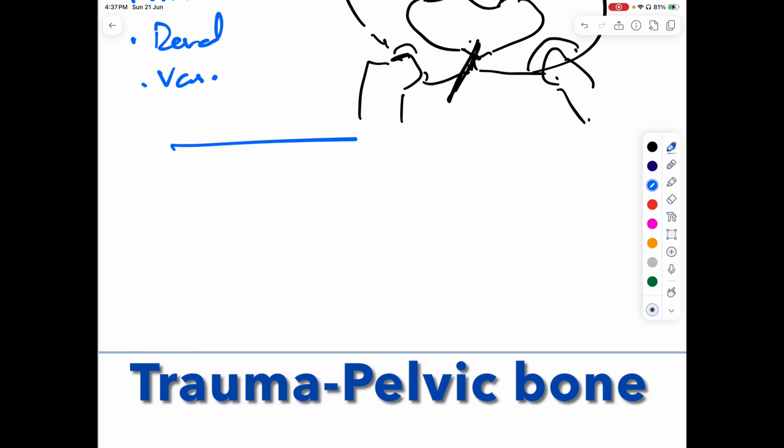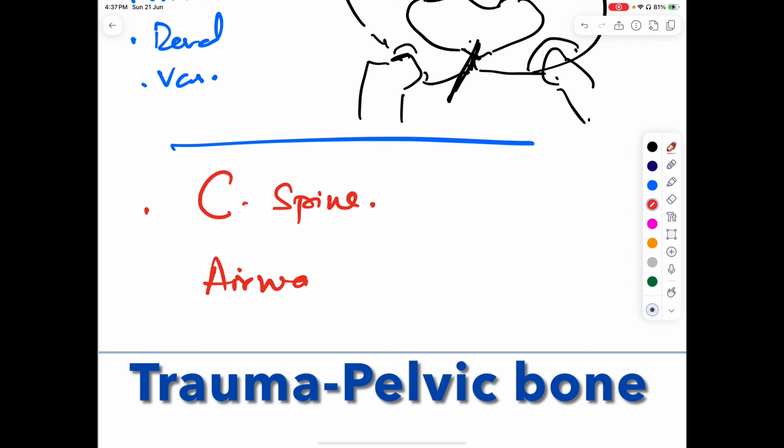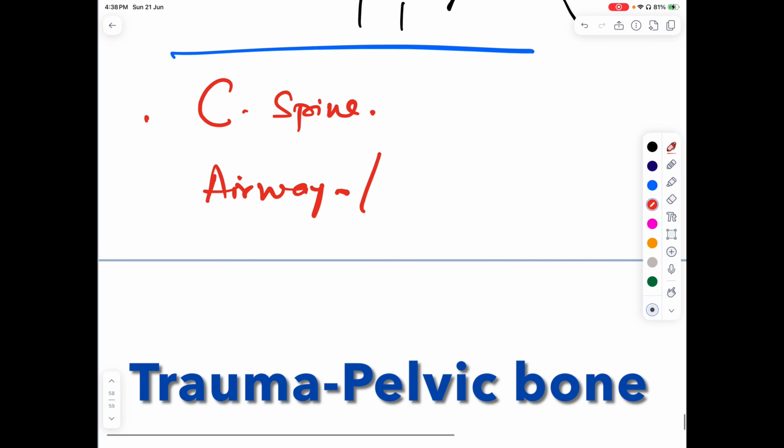Again, ATLS protocol: what is the priority in a multi-trauma patient? You get a polytrauma. First thing is the cervical spine, because breathing is important. Secure the airway. Look for any foreign body or anything. Patient is breathing, consciousness is there. Airway, breathing.